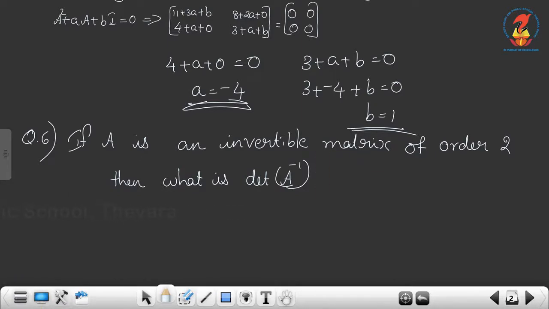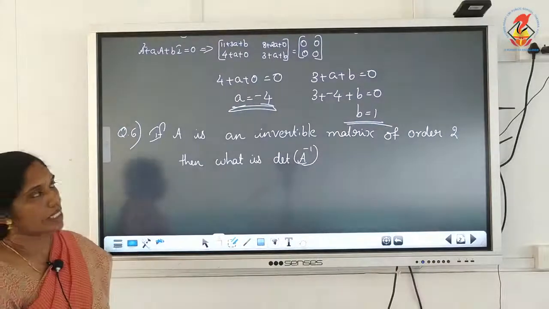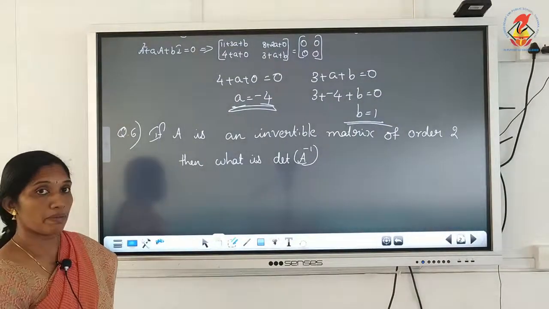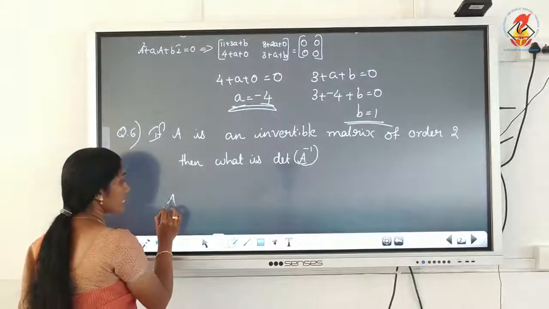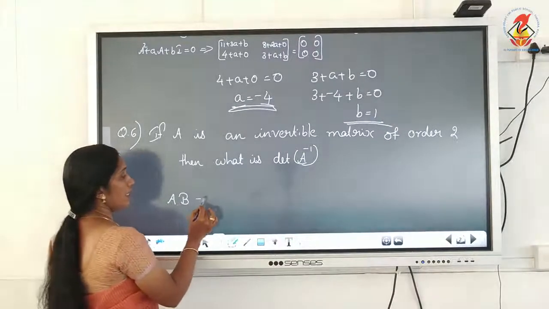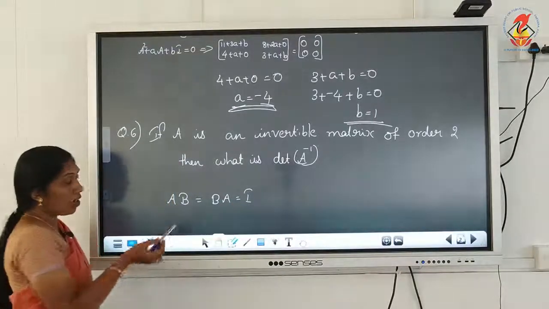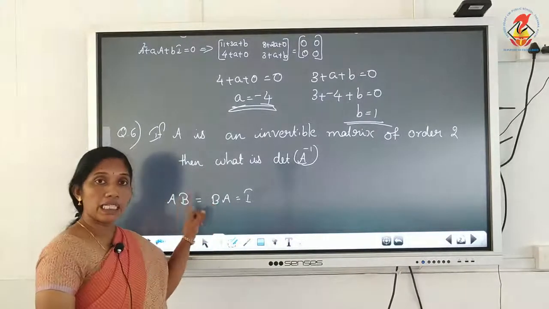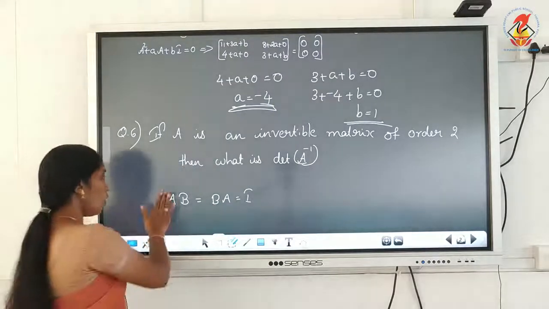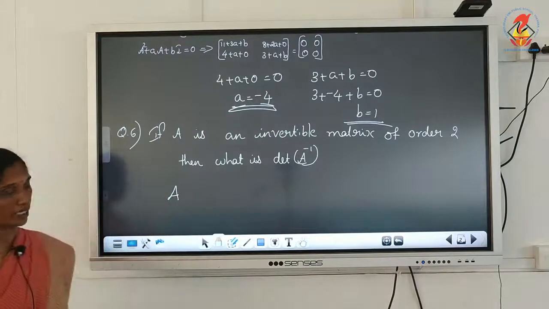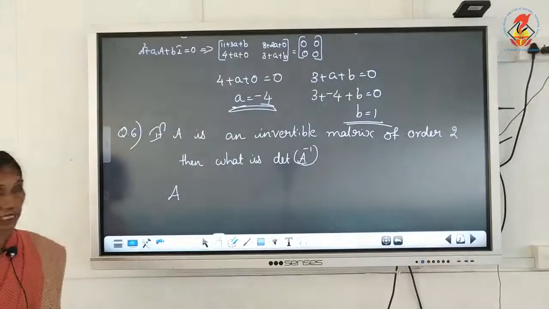So look, A is an invertible matrix. The definition of an invertible matrix: if A is invertible, there exists another matrix B such that AB is equal to BA is equal to I. Then we say this B is the inverse of A. Another way we can write it, if A is an invertible matrix, then its inverse exists.